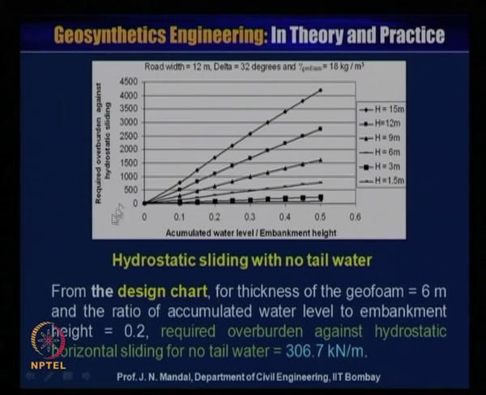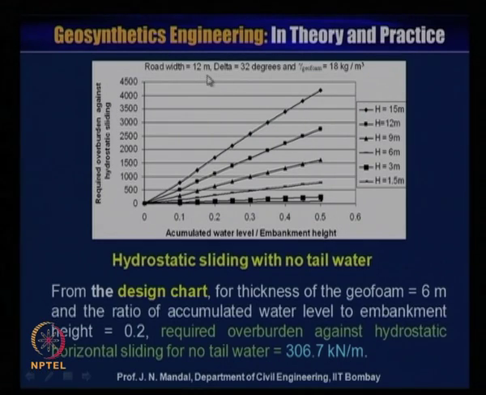So here, the accumulated water level by embankment height is 0.1, 0.2, 0.3, 0.4, 0.5, 0.6, and this is the required overburden against the hydrostatic sliding.